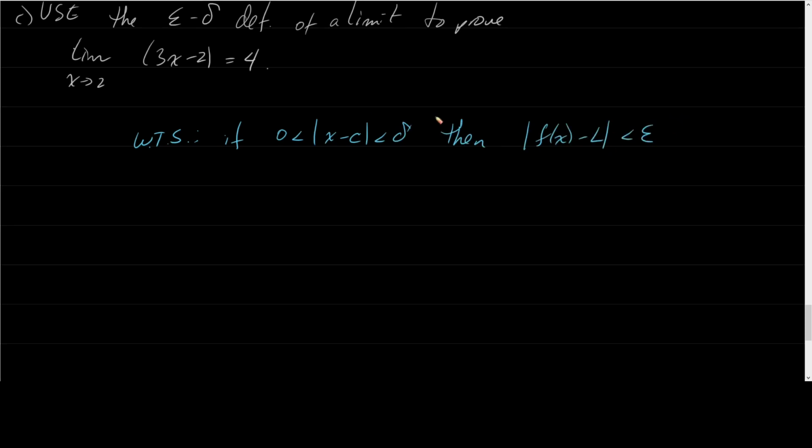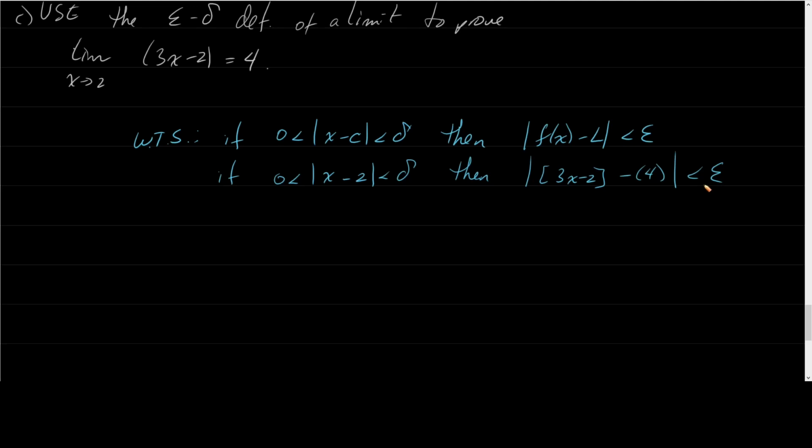In terms of this actual limit, we want to show that if the absolute value of x minus 2, because that's what we're approaching, is less than some delta, then the absolute value of f of x, which is 3x minus 2, minus our limit, which is 4, is somehow less than epsilon.